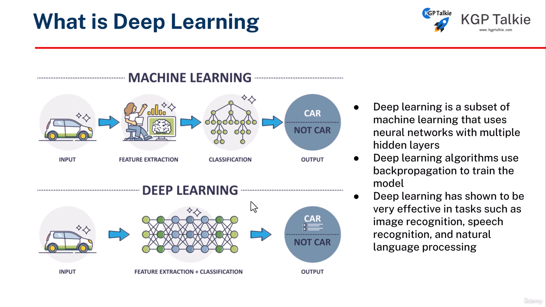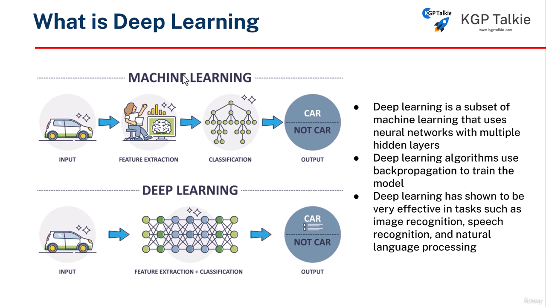But in the deep learning case, this is completely a kind of black box. So these are not interpretable models. Almost all the time, we cannot interpret deep learning models, but machine learning models are interpretable.